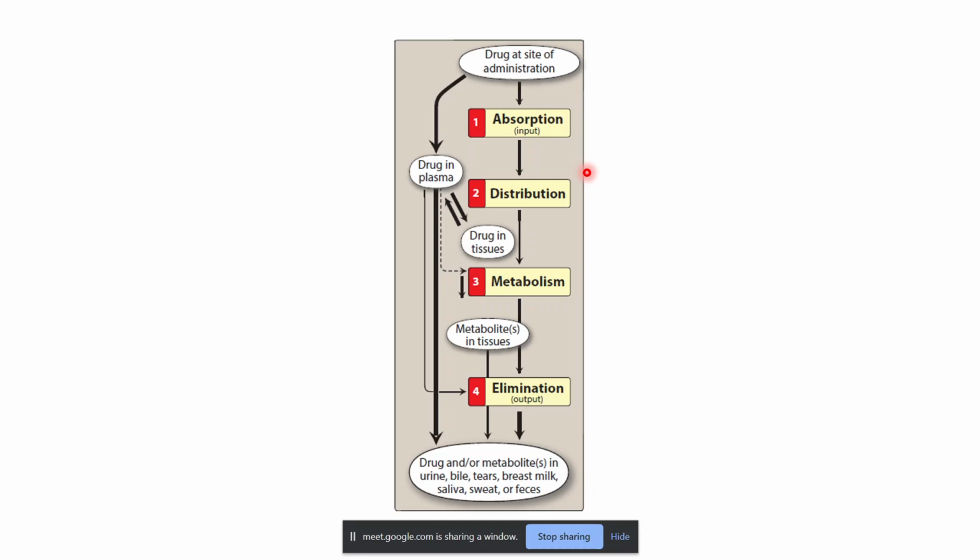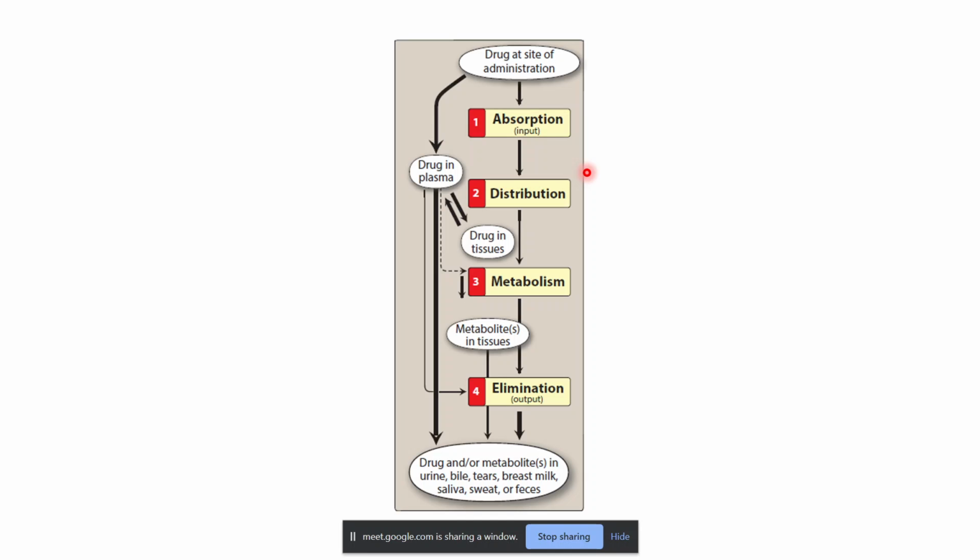And during metabolism, the drugs are biotransformed by the liver, mostly by the liver, but also by other tissues like the muscles, fat tissue, and others.